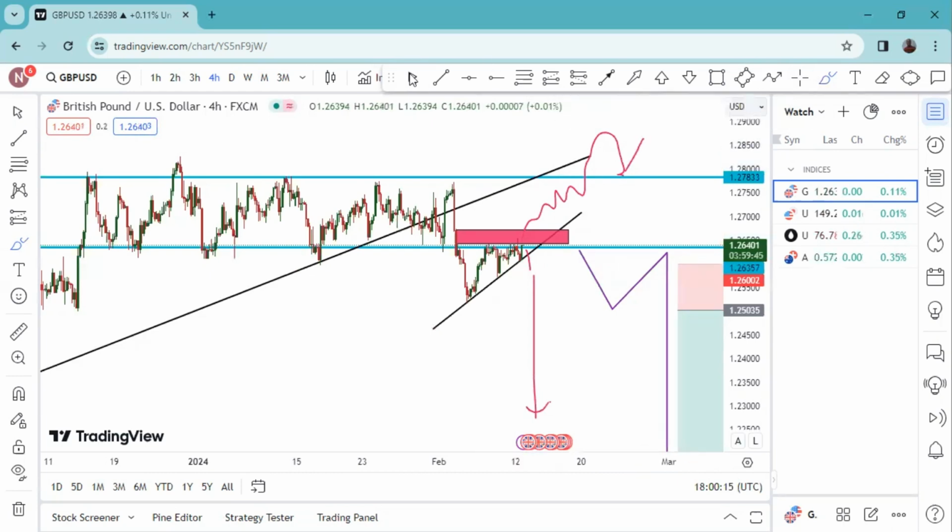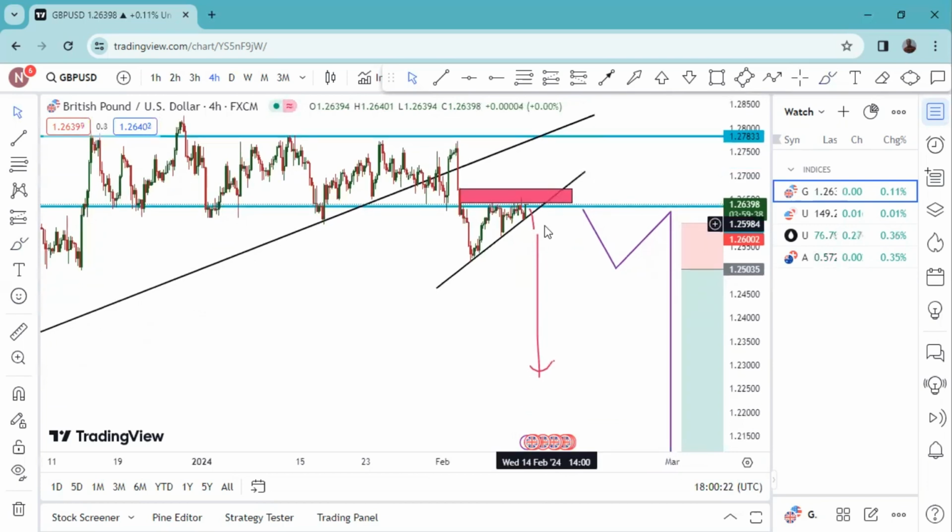But in the forex market, you expect anything to happen, and you are also ready for possibility and probability. That's all I can do for pound dollar.